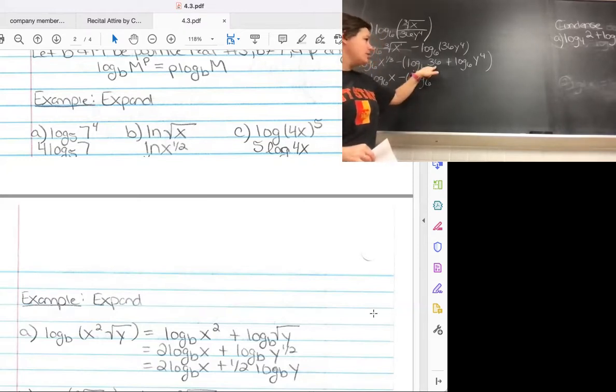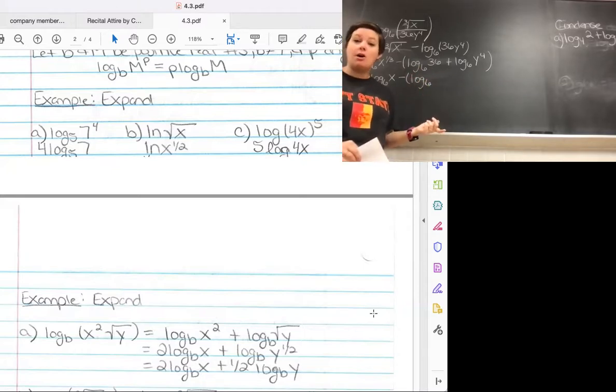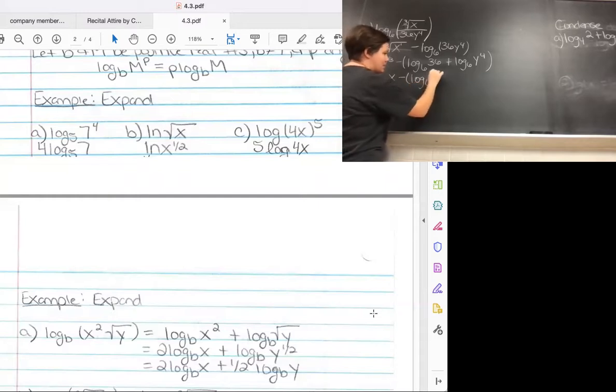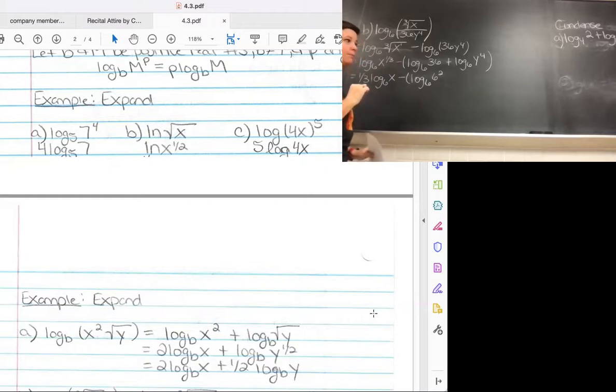So is 36, can I write that as 6 to some power? Because if so, I'm going to be able to simplify it out really, really quickly. Well, yes, because 6 squared, or 6 to the second power, is 36. So I'm going to say log base 6 of 6 squared. I'm going to rewrite it like that so that I'm going to be able to simplify out even more, okay?